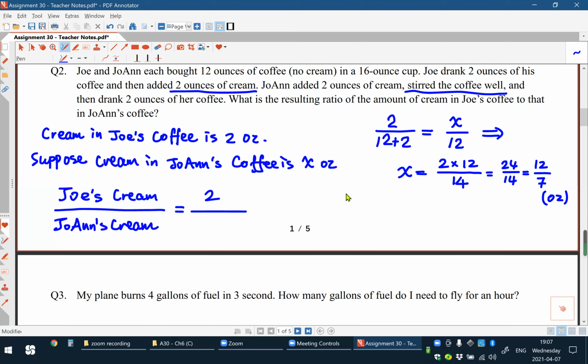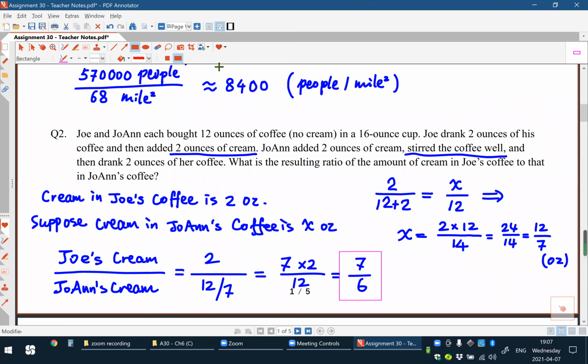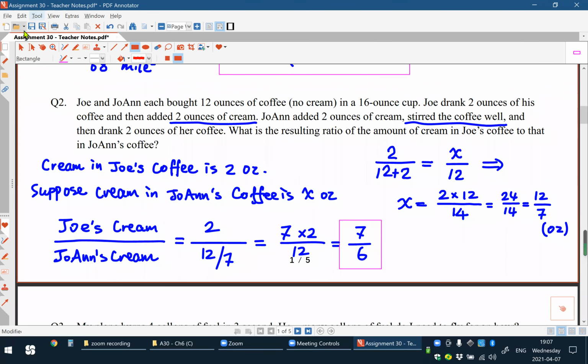Joanne's cream is 12/7 ounces. So the ratio should be 2 divided by 12/7, which is 7/6. This is the ratio we're looking for, right? Okay, have a look at this. Any questions?